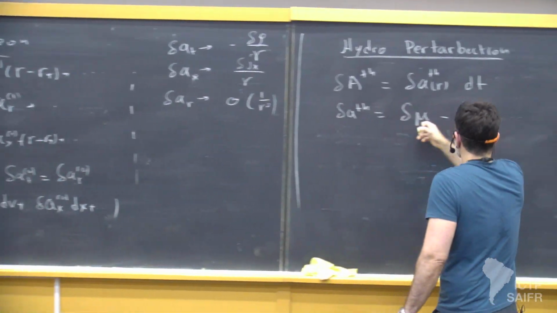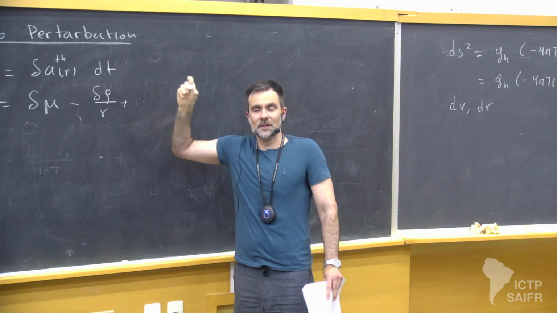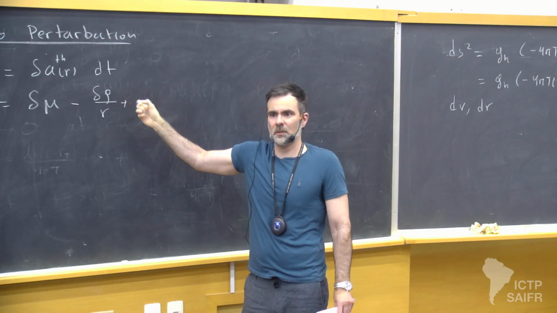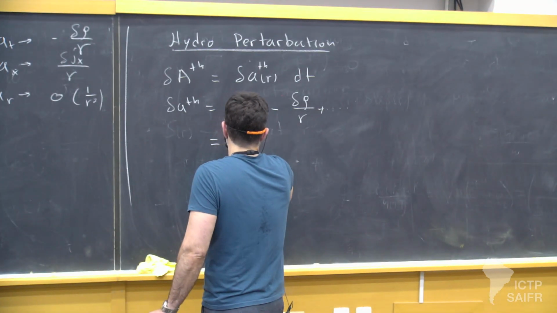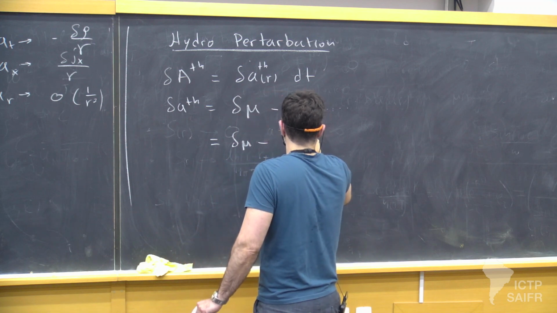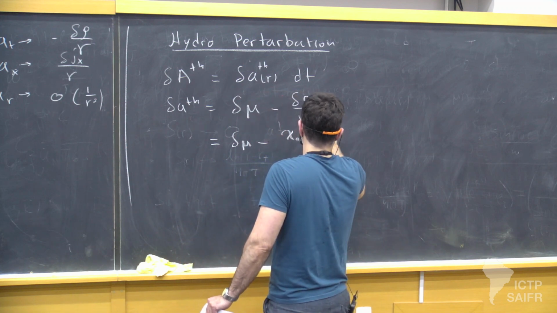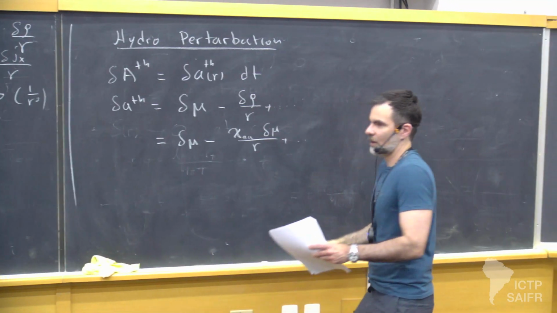Now, for small delta mu, this delta rho is basically the charge susceptibility times delta mu, okay? So I can also write this as delta mu minus the charge susceptibility of the black hole at zero charge density times delta mu over r, plus other stuff.